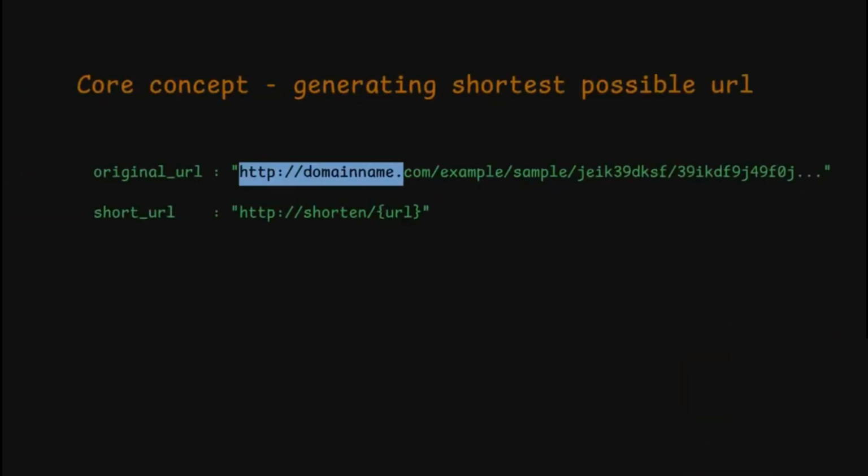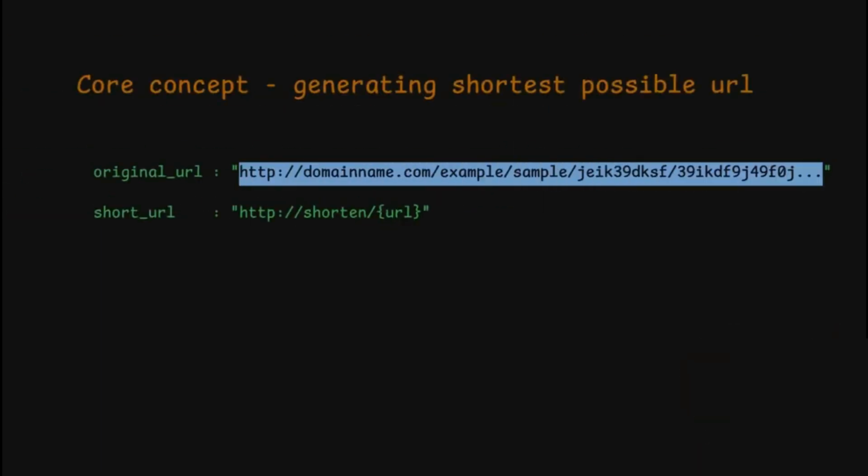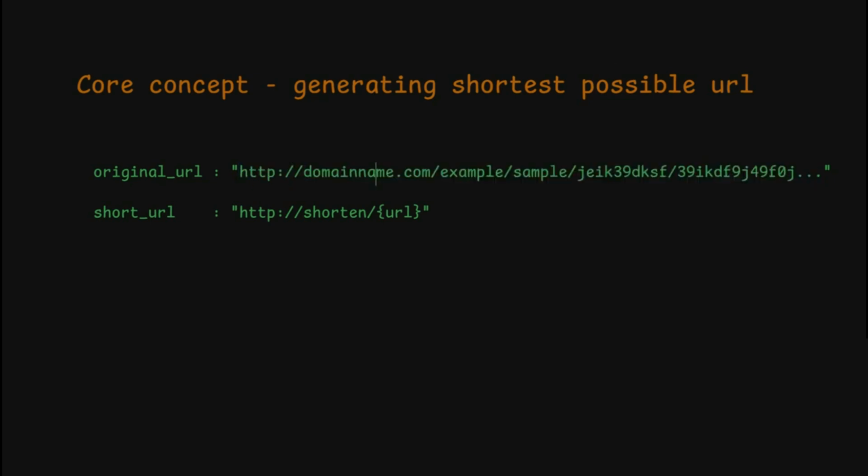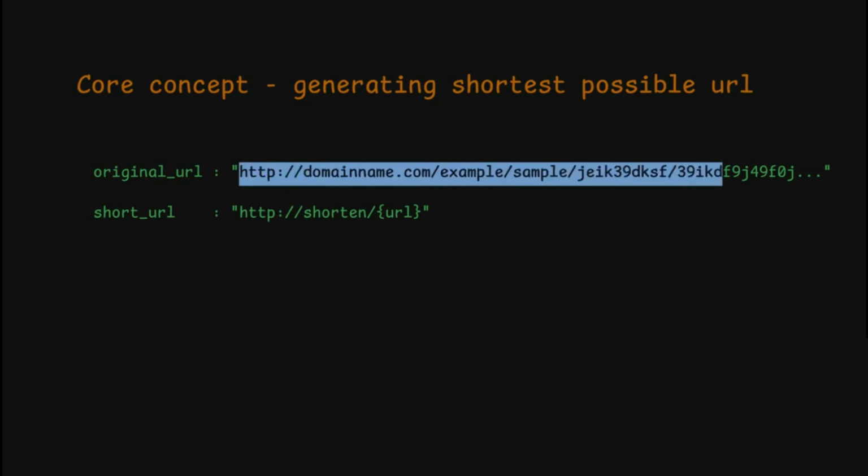The first approach that we can think about is generating some kind of unique ID and assigning it to this URL and saving it into our system, so that with that unique ID we would be able to retrieve it.